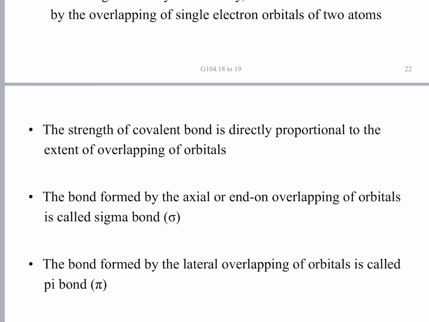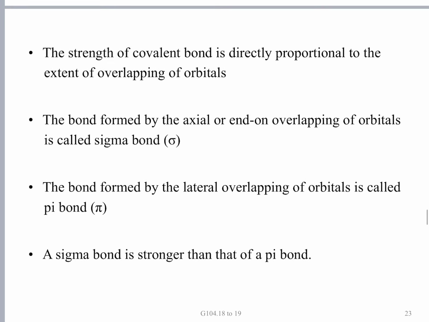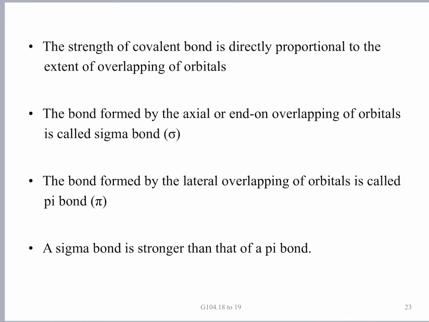As I just mentioned, it is formed by the linear combination of atomic orbitals, LCAO. That's how a covalent bond is formed. The strength of the covalent bond is directly proportional to the extent of overlapping of orbitals.